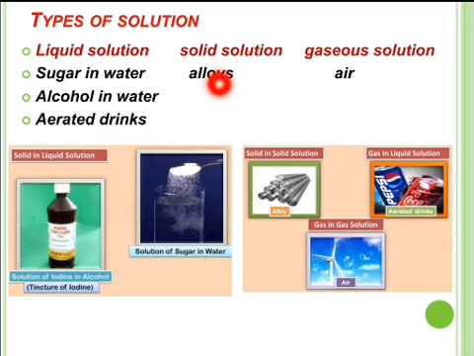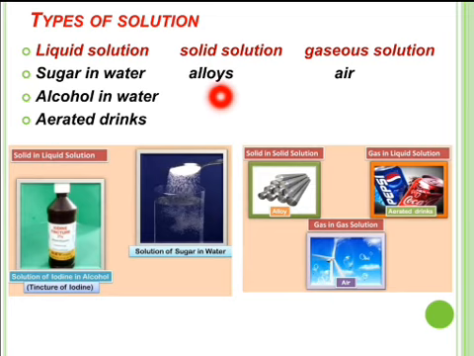Similarly, when you see solid solution, if you are asked in the exam, what is solid solution? Again, solvent is solid here. And in that solvent, solid as a solute, liquid as a solute, and gas as a solute can be dissolved in solid solvent, and solid solution can be prepared.